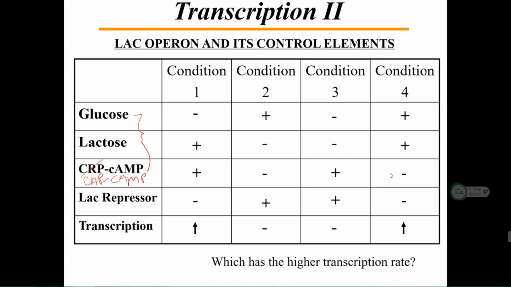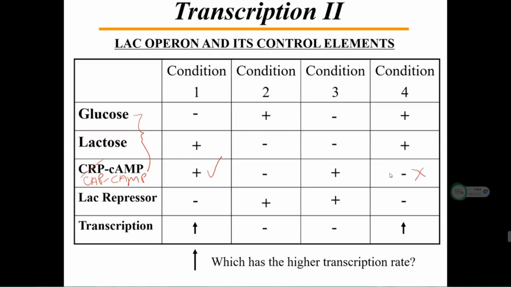If you remember back, it's binding of that CAP protein, which increases the efficiency of the RNA polymerase binding or formation of the closed promoter complex. Hence, condition number 1 will have the highest rate of transcription when we're comparing it to condition number 4, where we don't have the CAP protein bound.